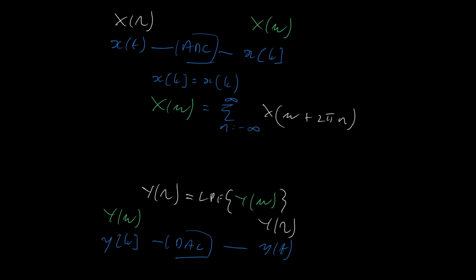And then when we finish processing our signal, we want to go from our discrete time signal back to a continuous time signal, which we do by reconstructing it. That's given in the time domain by sinc interpolation, but in the frequency domain it's just given by this simple formula here.